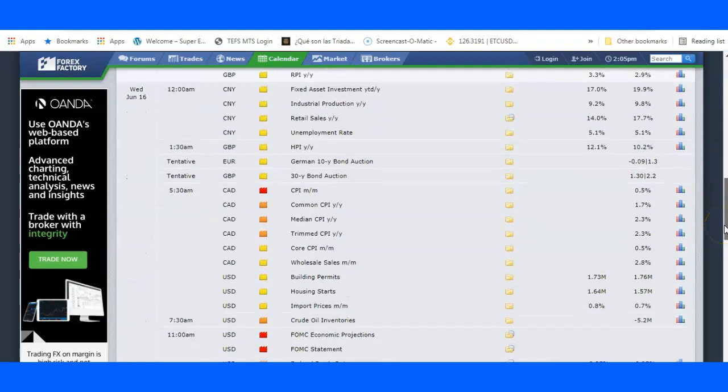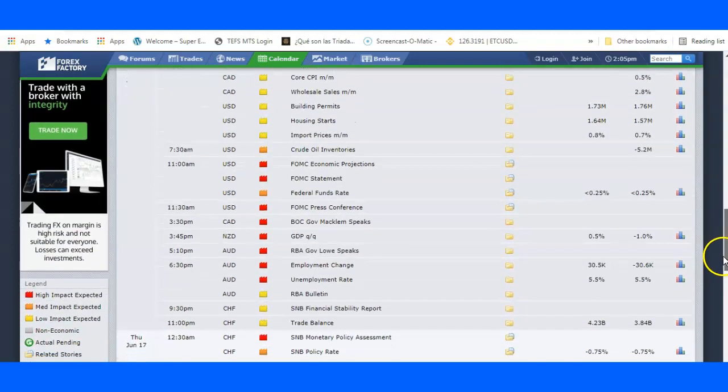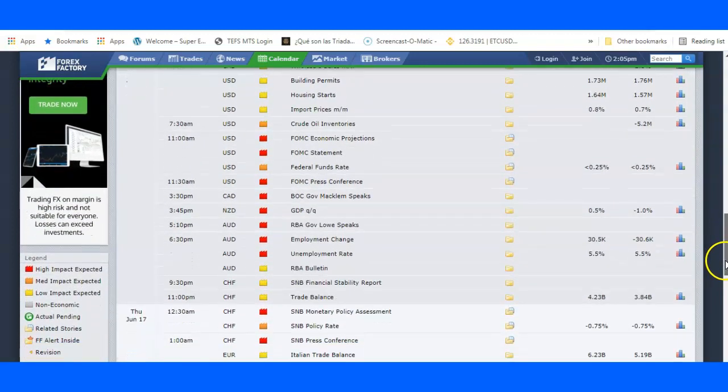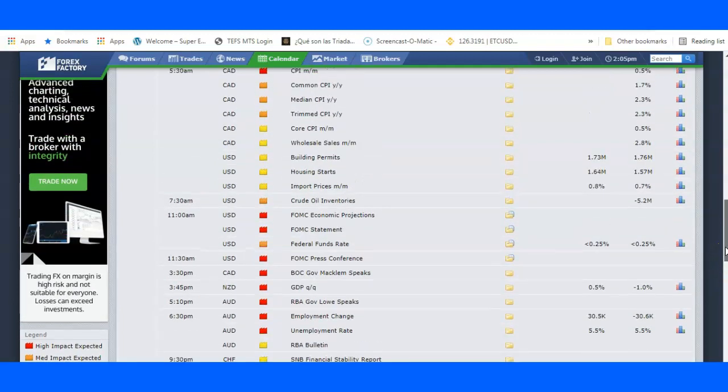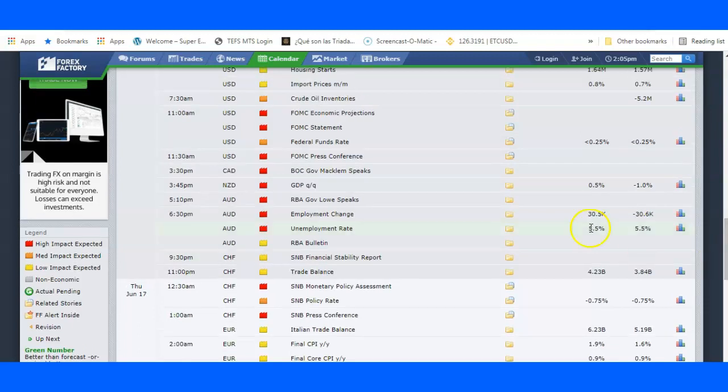Wednesday we got CPI for Canadian, and the one is full of red folders. It'll be different times, more like afternoon, but for the dollar it's going to be early.